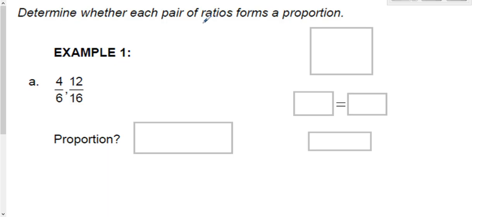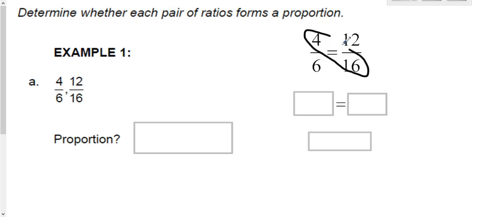Determine whether each pair of ratios forms a proportion. If it's a proportion, then this one will equal that one. So we set up an equation that says that if this is really a proportion, then this one should equal this one. How do we check and see if they're equal? We do their cross products, is one way.